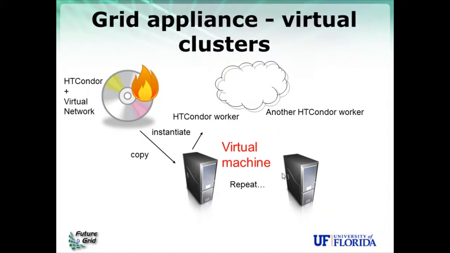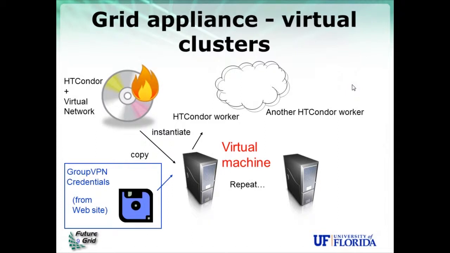So in the Grid appliance, we put together HT Condor and the IPOP virtual network so that you can copy this virtual appliance image on multiple machines, turn them on, and they'll self-organize into a virtual private network connecting these workers together. The additional configuration that comes in is the group VPN credentials, as discussed in the previous unit, the security credentials that come from the group VPN website after a user joins a group, and that establishes the namespace.